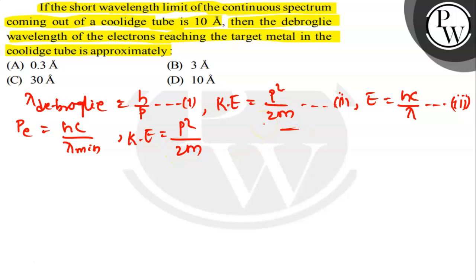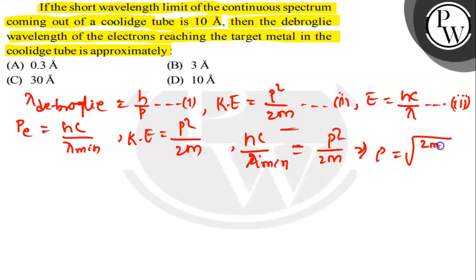Hence we can write hc by lambda minimum is equal to p square by 2m. It can be written as p is equal to root over 2m hc divided by lambda minimum.